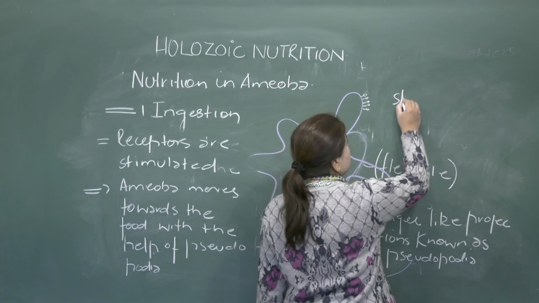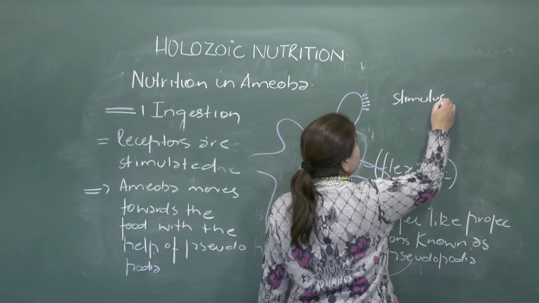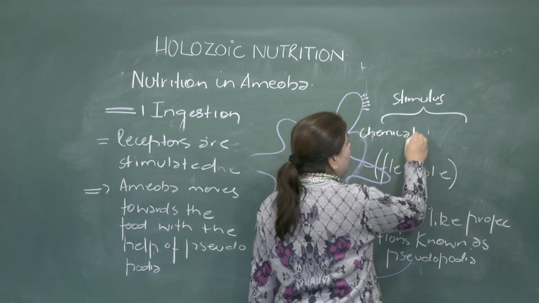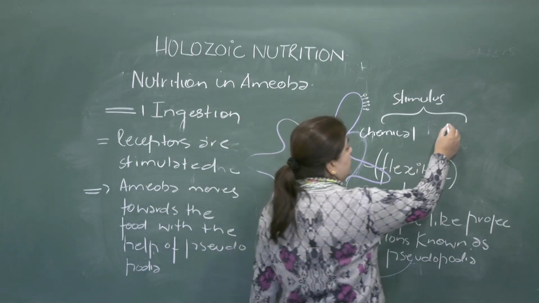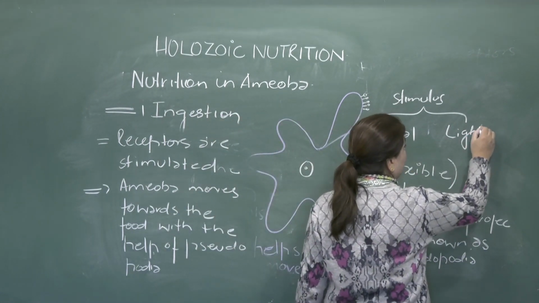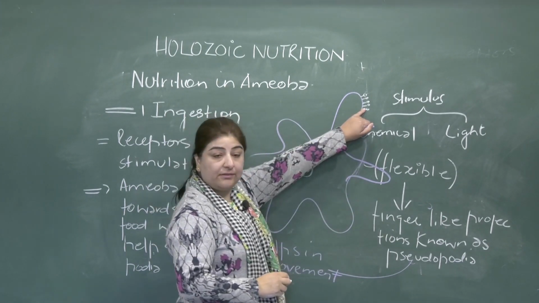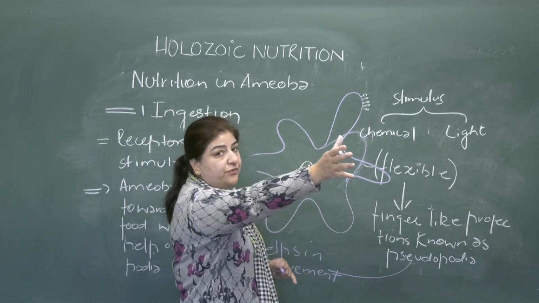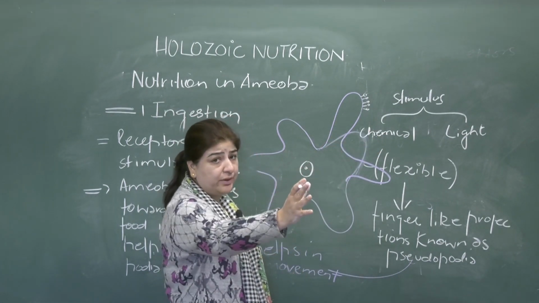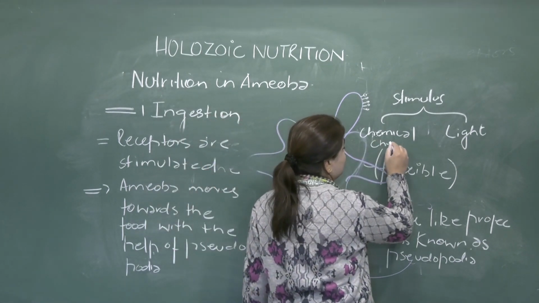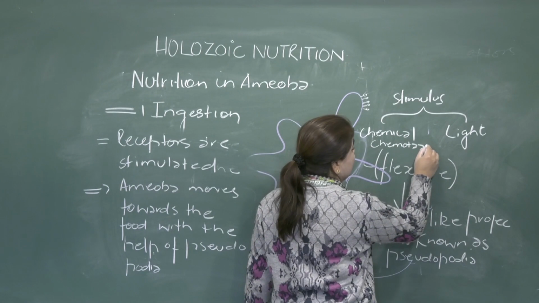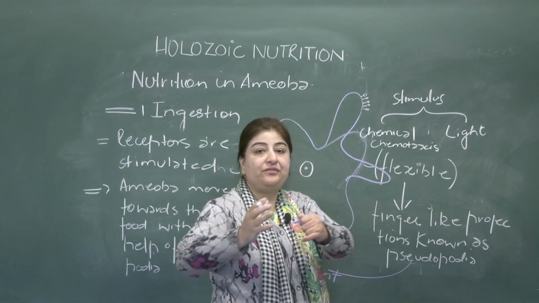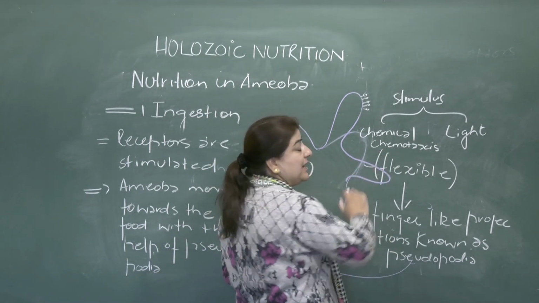The stimulus can be in the form of a chemical or it can be in the form of light. Once these receptors get activated with the chemicals, they will move towards the food, and that movement towards the food is termed as chemotaxis. So the movement which has been brought about with the help of chemicals is termed as chemotaxis.